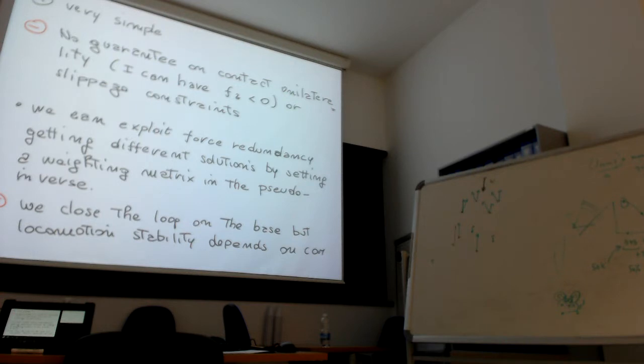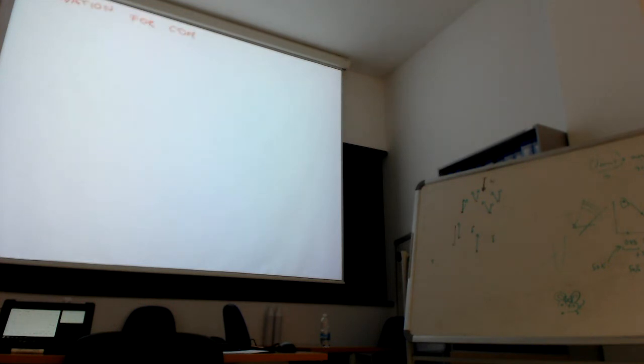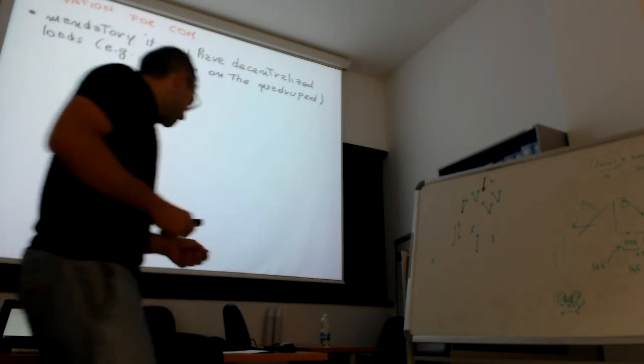We forgot to talk about the center of mass, because we want to control locomotion, and stability depends on the center of mass, so we want to close the loop on the center of mass. So we see how to do the derivation from the base to the center of mass to extend it. And this is very important whenever you have a decentralized load.